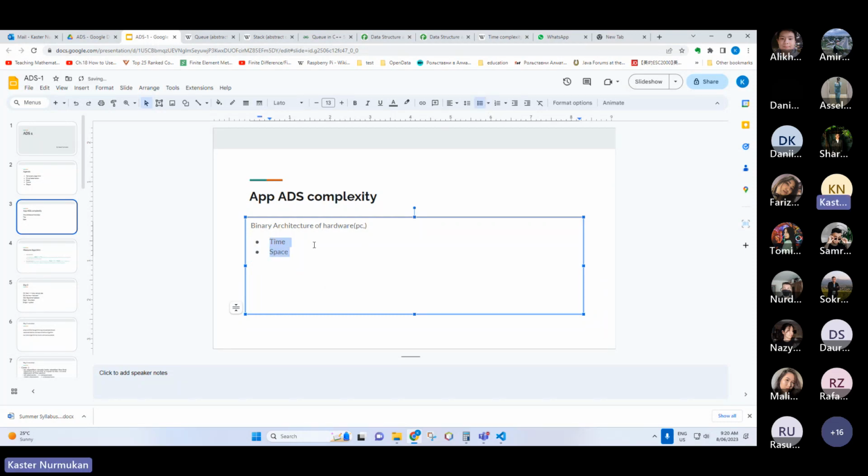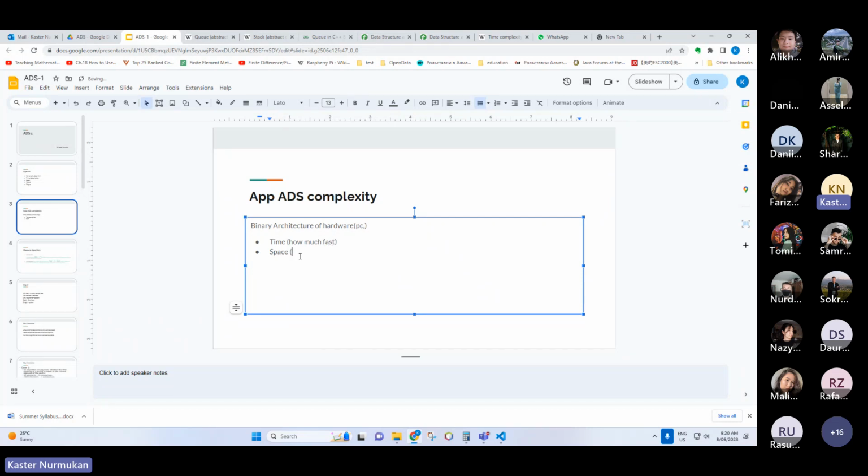Time complexity means how much time the application will spend in order to run a particular application, or a particular function, let's say. So it is represented as how fast it is. That's what we are trying to understand.